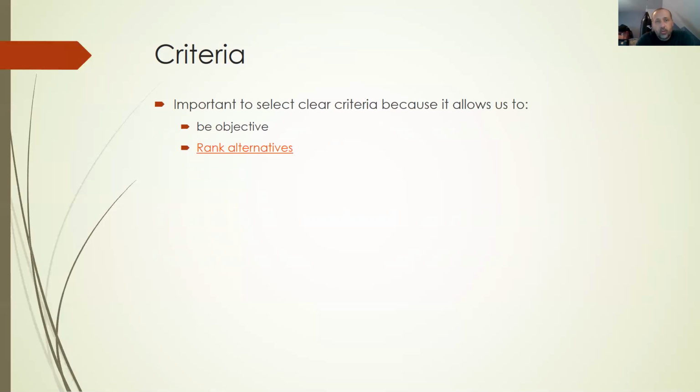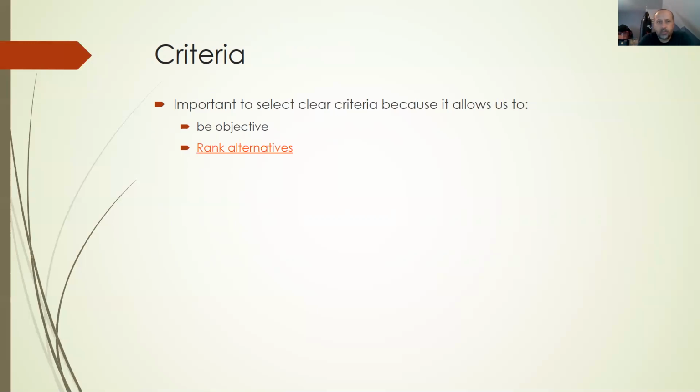We do that so that we can remain objective, because different policy tools, different alternatives are going to be more or less effective, more or less politically feasible, more or less equitable in how they distribute the costs and the benefits. And if we wait until after we've done all the analysis and gathered all the data, there is a temptation for us to pick the ones that are going to point towards our preferred alternative.